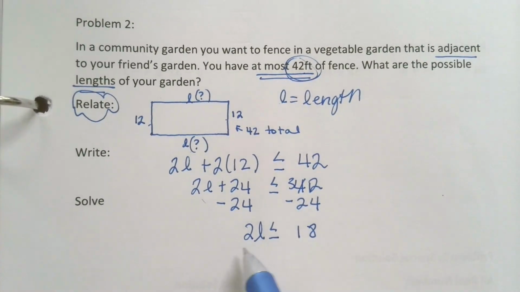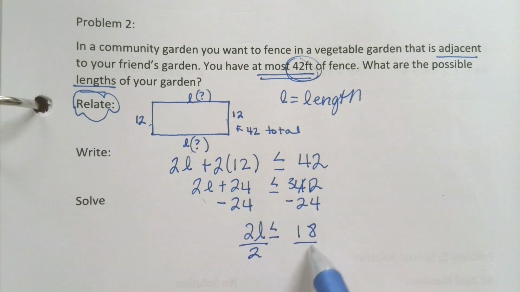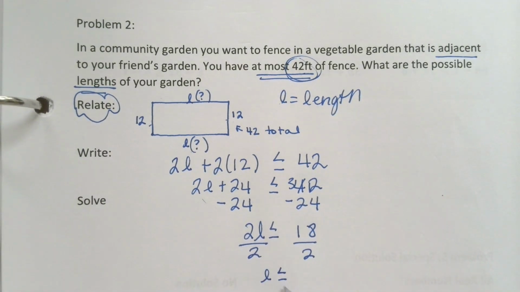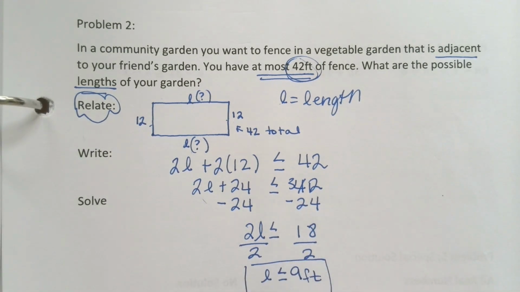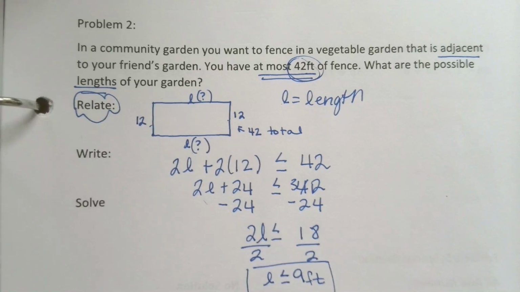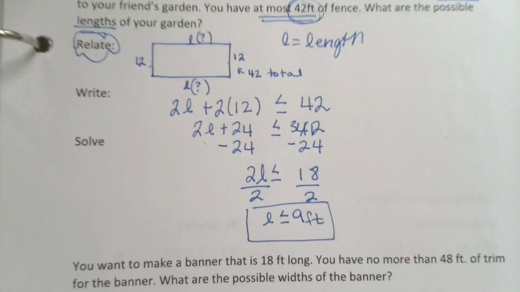I'm going to divide by 2. And my length can be any number that is less than or equal to 9. Throw on feet. We would assume 0 probably wouldn't be used, but we will leave it right here. We'll talk a little bit about boundaries later in the year and how you tell people they can't have something less than 0.